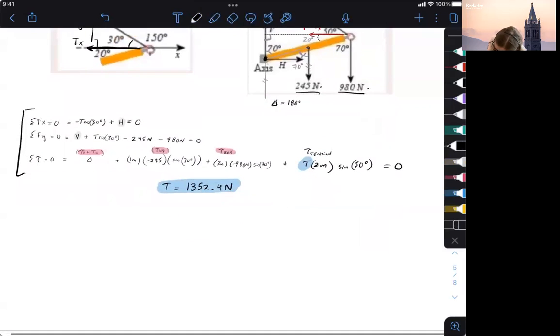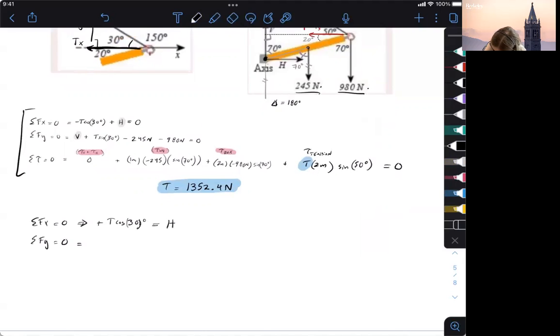Now that we have the tension, we can use sum of forces in the x and sum of forces in the y. We know that that's equal to 0, so we have negative T cosine of 30 degrees. Just say T cosine of 30 degrees is equal to H. So I'm just taking it from up here, setting them equal to each other.